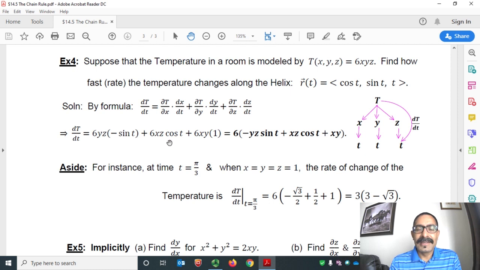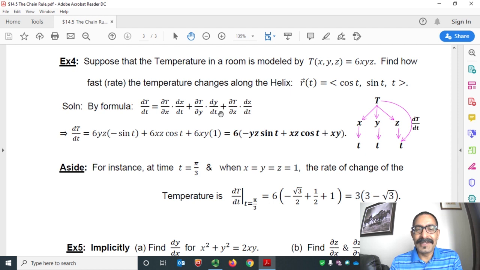Similarly, the middle term: the partial derivative of the temperature function with respect to y is 6xz, times the regular derivative of y with respect to t. Here y is sine t, so the derivative of sine t is cosine t.